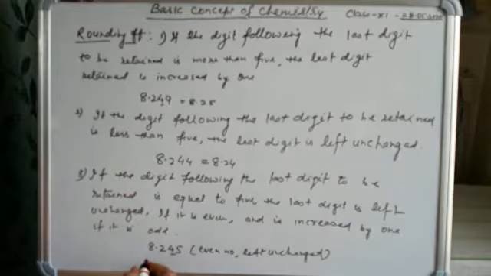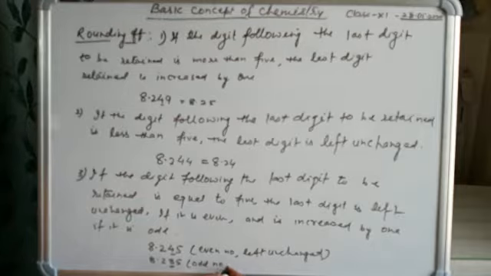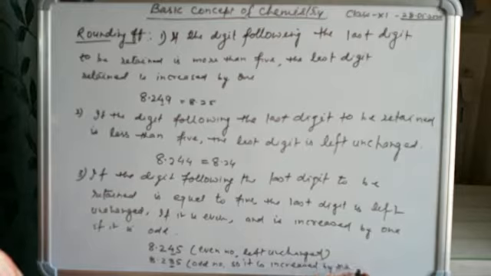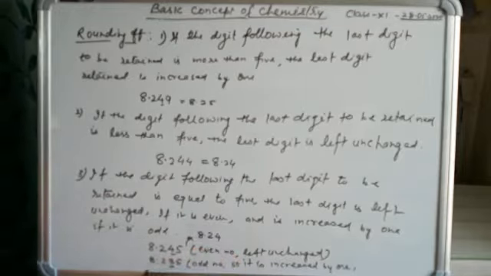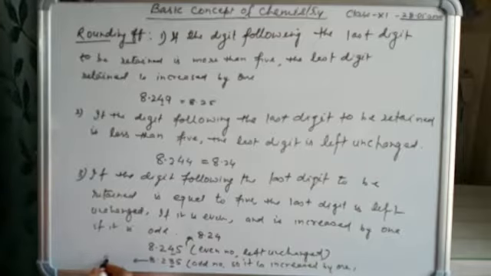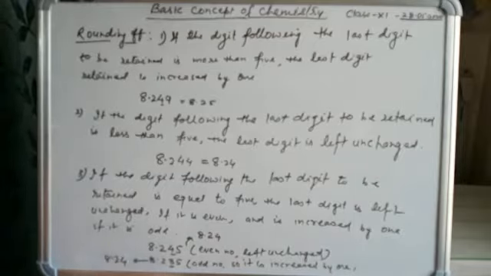And 8.235, 3 is the odd number, so it is increased by 1. So it becomes 8.24, and it becomes 8.24. This is the rule for significant figures.